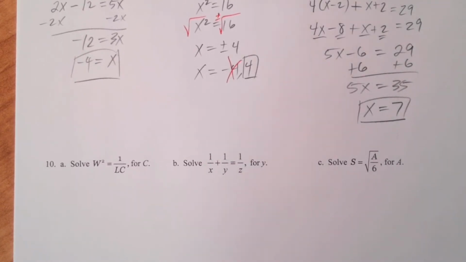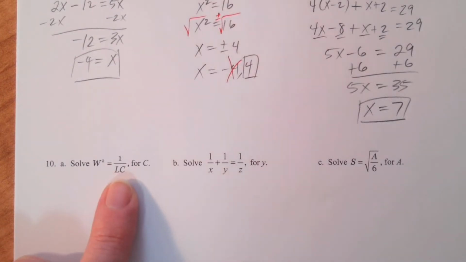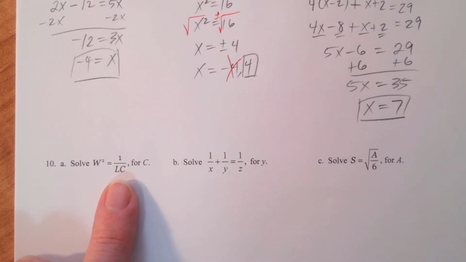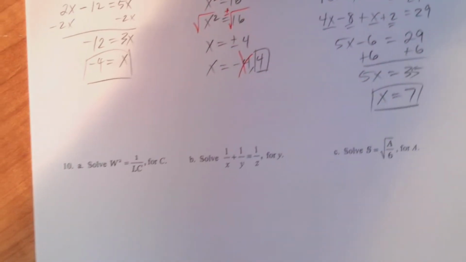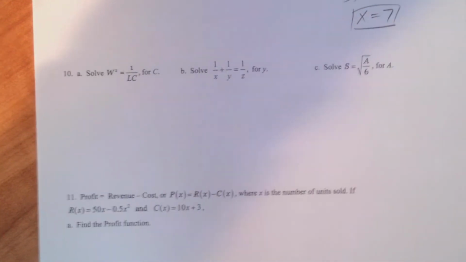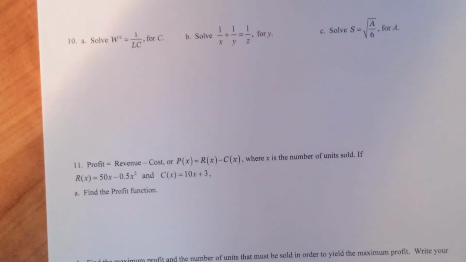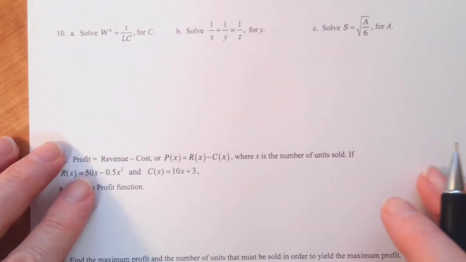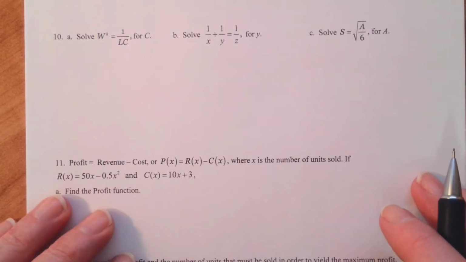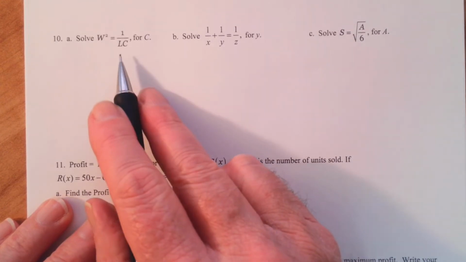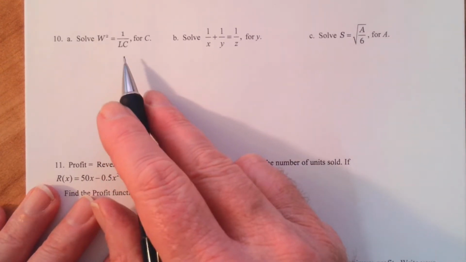So on number 10, we've got w squared equals 1 over LC, and we're supposed to solve that for C. Let's go down just a little more. There we go. Okay, so the first thing I'm seeing is I need to clear the fractions here.